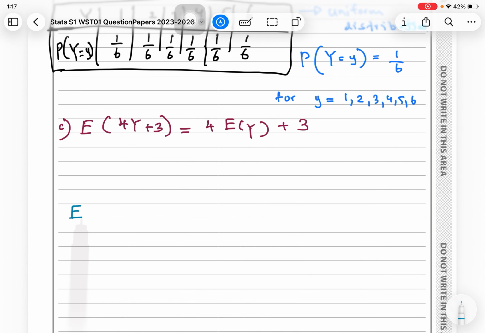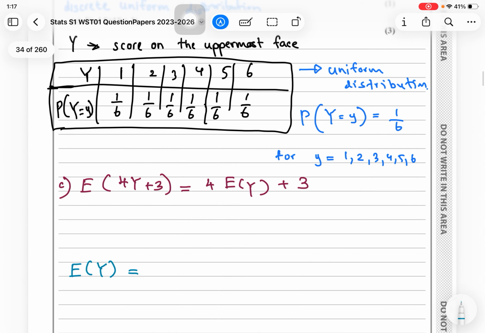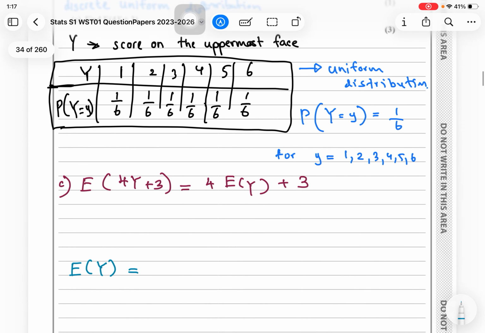In such questions, for E(Y) we take y times the probability. So in this case it will be 1 times 1/6 plus 2 times 1/6 plus so on, and the last would be 6 times 1/6.